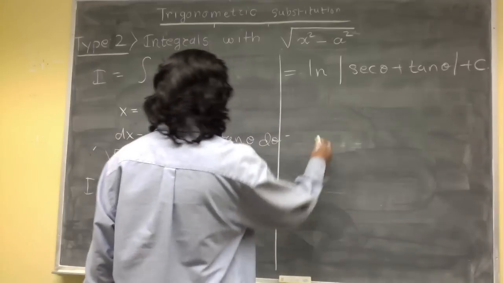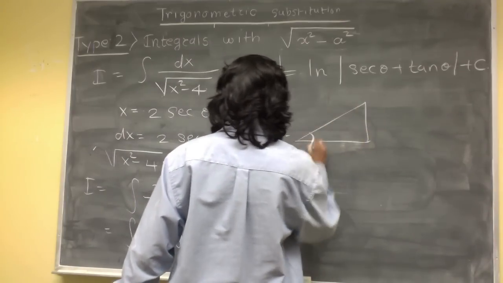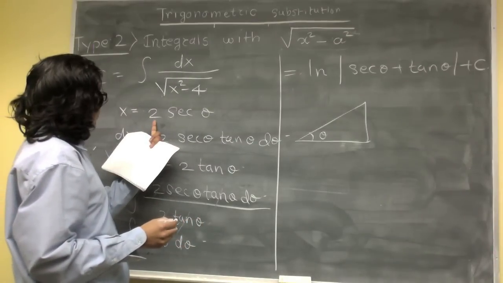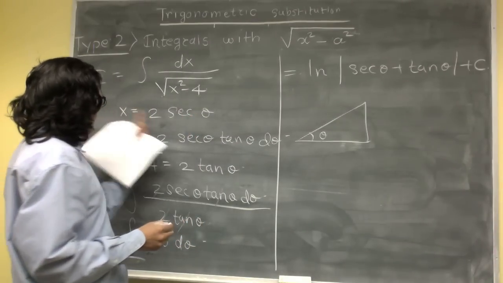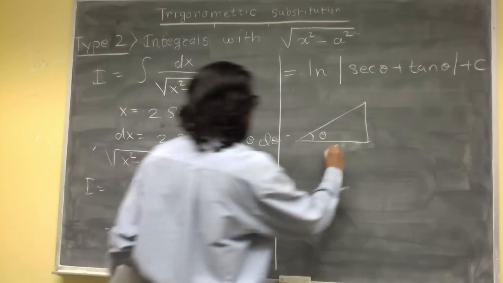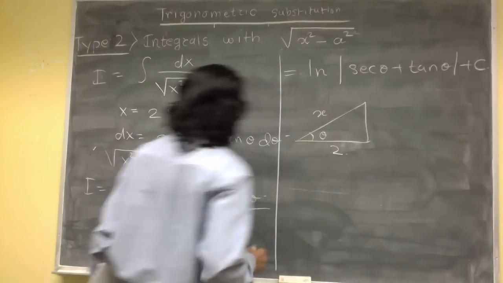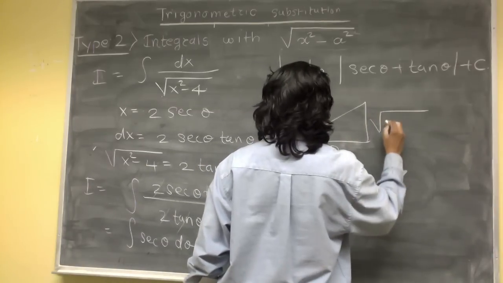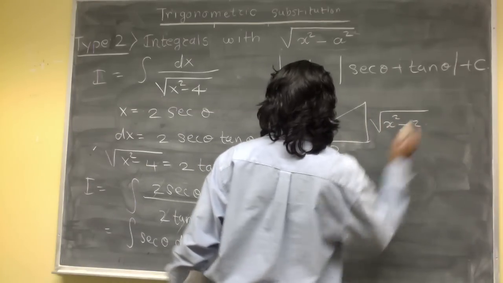So in our triangle we have theta here, and x is equal to 2 times secant, that means cosine is 2 over x.